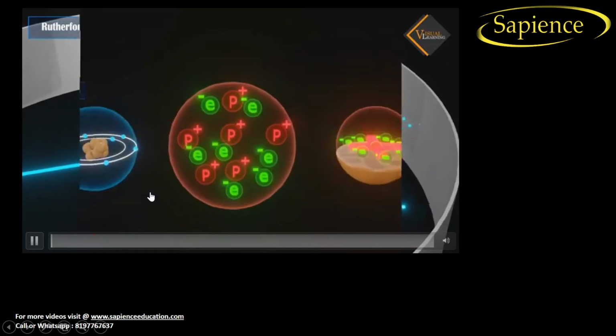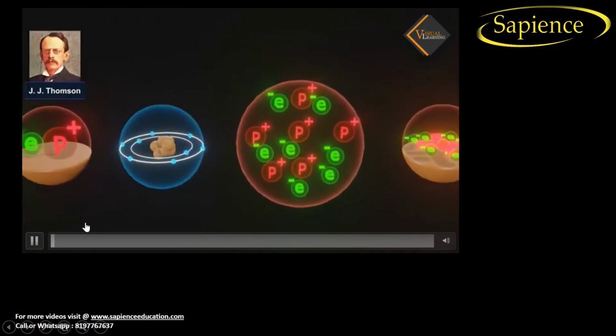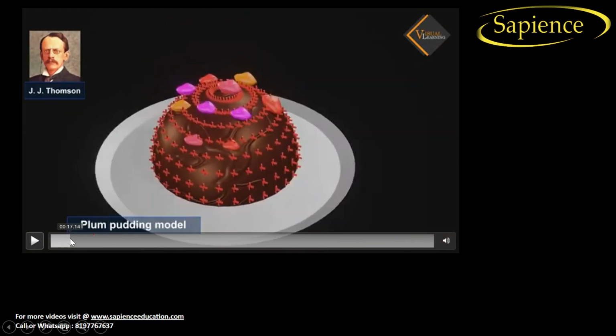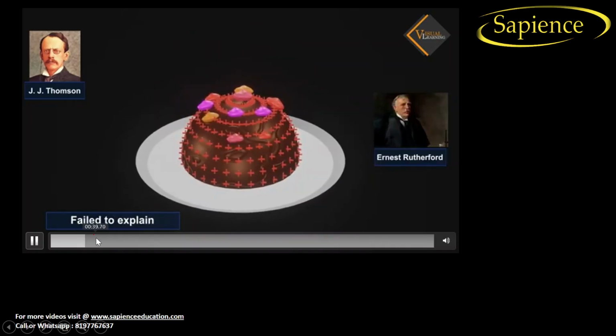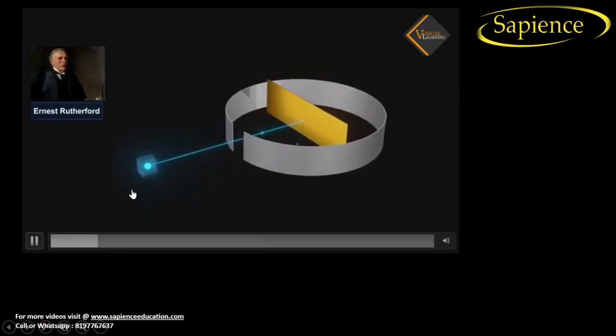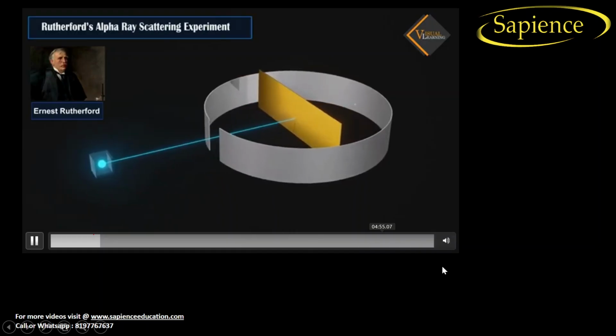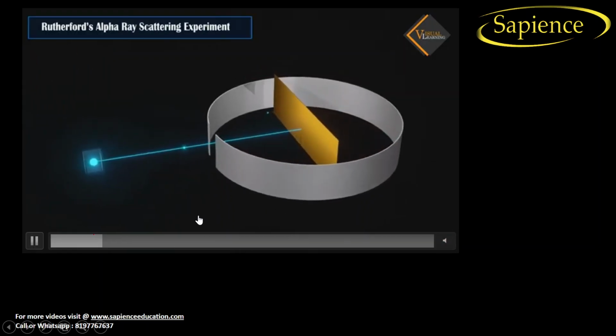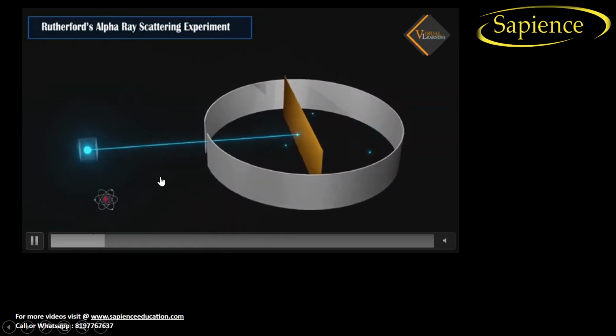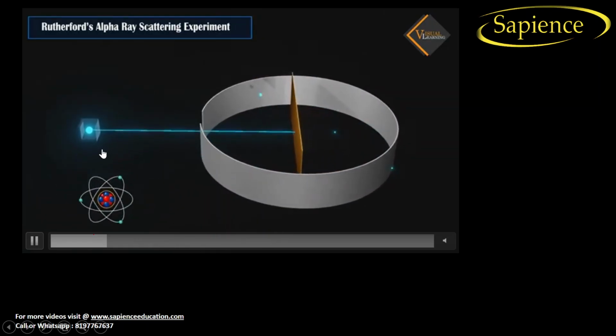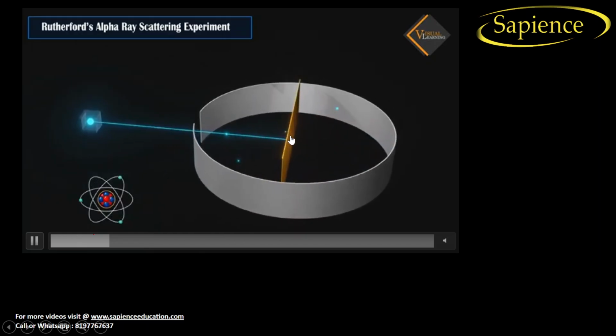See, these are the rays. This alpha ray is scattering. The rays come out, and this is a gold foil.